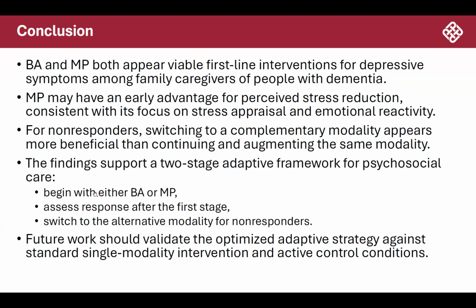After the first-stage intervention, we can base on their response and then switch the intervention for the non-responders. This will be the next phase of our work. We will further develop these adaptive interventions and evaluate their effects using a randomized controlled trial approach. So that's all of my presentation.